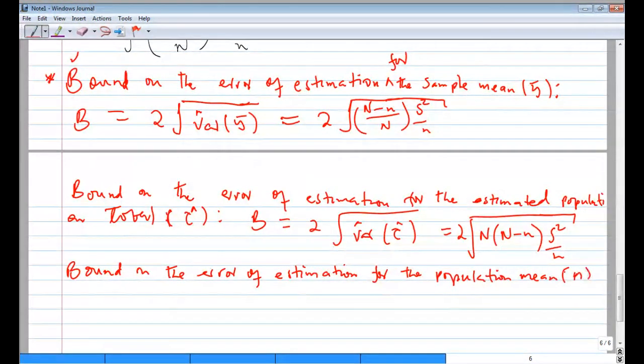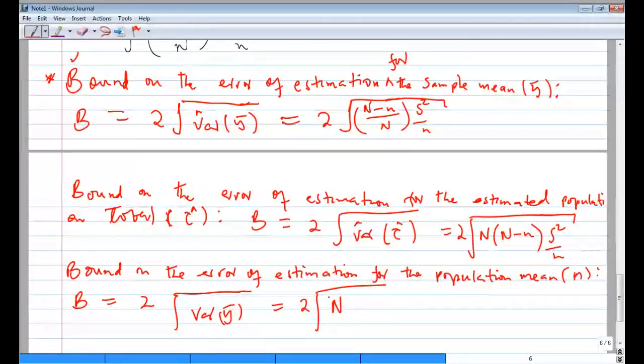And the population mean is mu, isn't it? So it's given by B equal to 2 times the square root of the var of y bar, which is equal to 2 times the square root of (N minus n) over (N minus 1) multiplied by sigma squared over n.